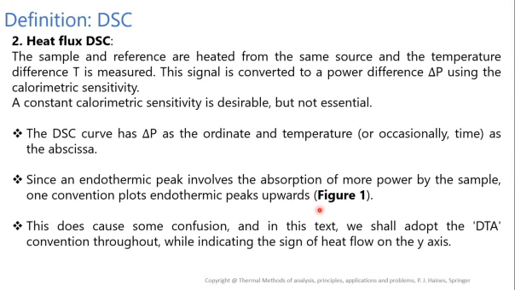So this does cause some confusion, and in this text we shall use the DTA convention throughout while indicating the sign of the heat flow on the y-axis. The power and temperature conversion will lead to some confusion, that's why generally the DTA convention is used throughout.